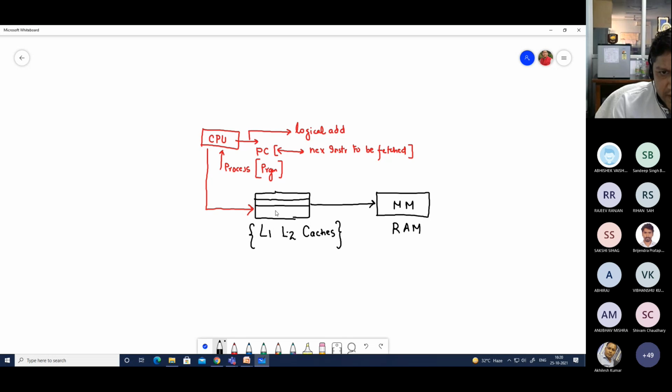For easier understanding, I have drawn only one cache. Depending upon the size of this cache memory, things are cached in the cache memory.